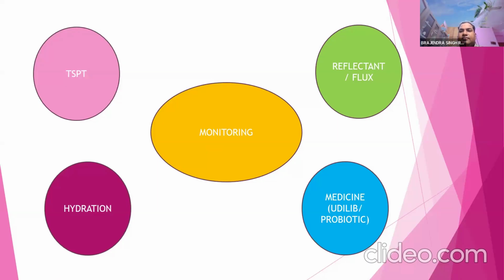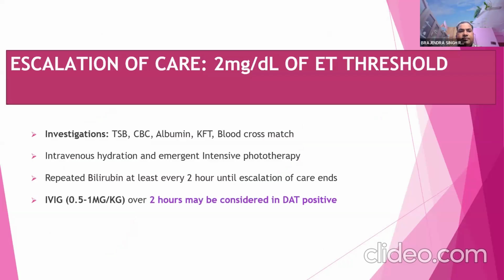So if we choose intensive phototherapy at a higher level of total serum bilirubin or in exchange transfusion borderline range, and we are not right now prepared for the exchange transfusion, then we can just use this as intensive phototherapy. So intensive phototherapy has triple surface phototherapy, hydration management, reflectant and flux management, and utility and probiotic management and monitoring.